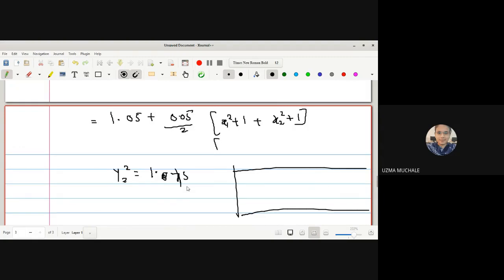Okay, from the table, you can verify this x and y. Corresponding to 0, it is 1, by default we have given. Corresponding to 0.05, we got 1.05, correct? And for 0.1, it is 1.1.